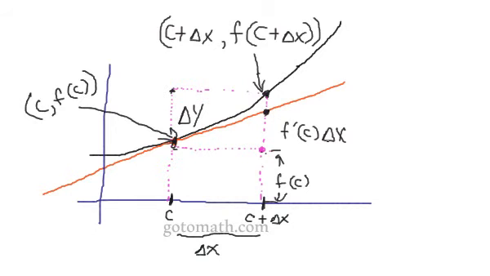When delta x is small enough, f prime of c times delta x is really approximately delta y. So as you can see, as this distance gets smaller and smaller, this f prime of c times delta x is really approaching the delta y here.